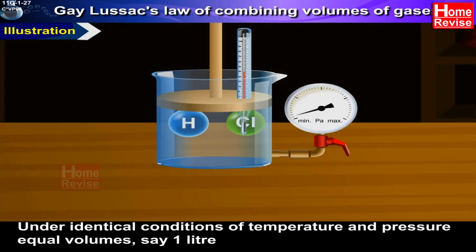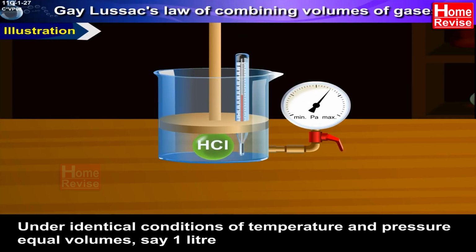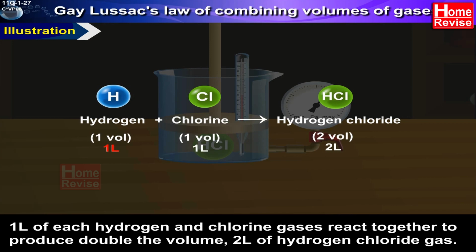Illustrations. 1. Under identical conditions of temperature and pressure, equal volumes, say 1 liter of each of hydrogen and chlorine gases, react together to produce double the volume, 2 liters, of hydrogen chloride gas.